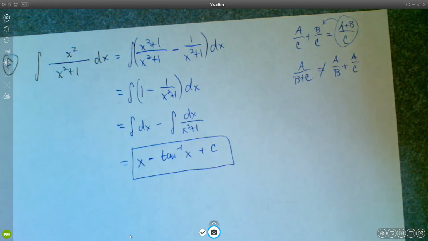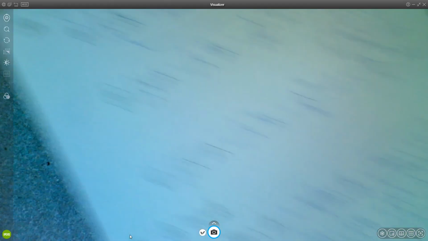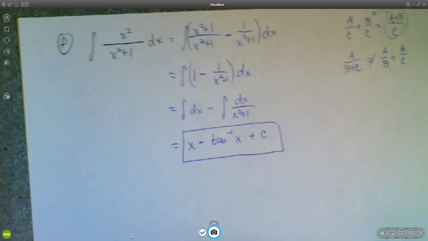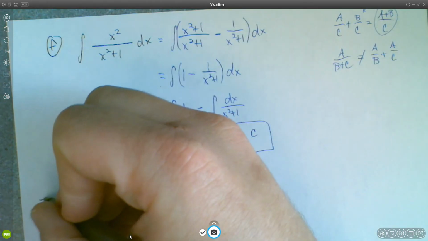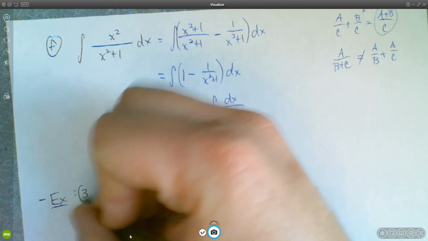Okay. So those are all the examples that I want to show you of straight integration. Of course, there are other things that we can figure out now as a result of having this antiderivative idea.